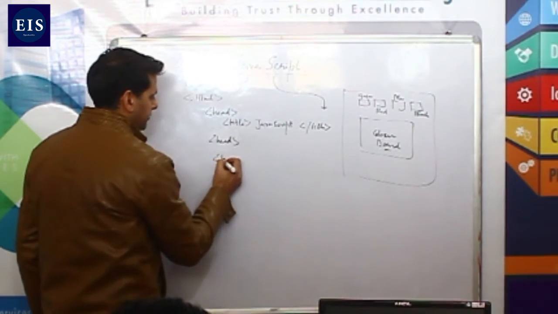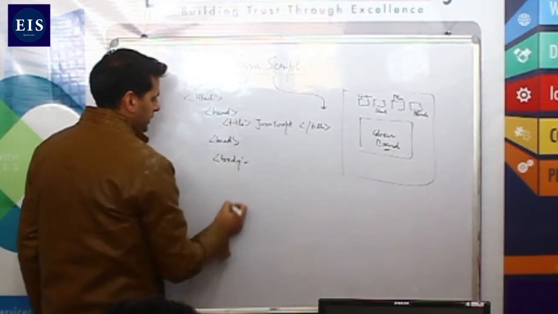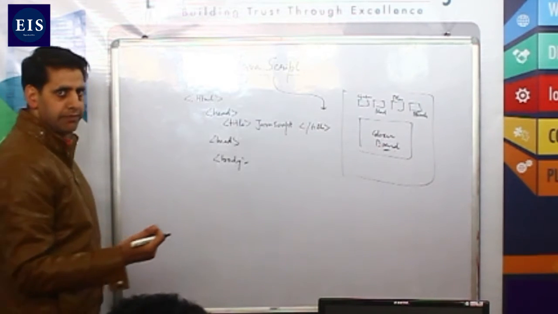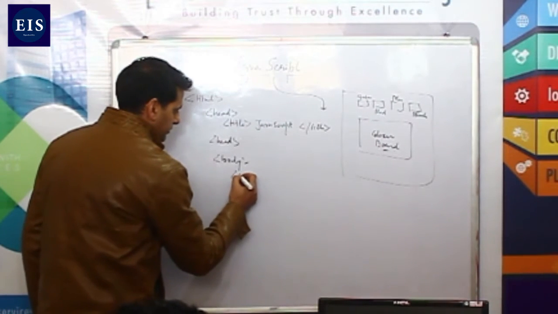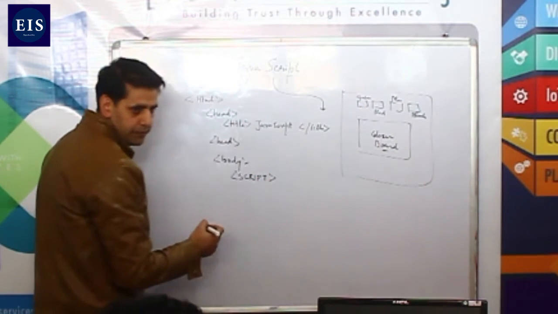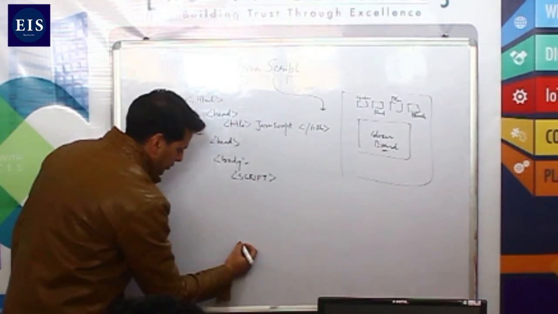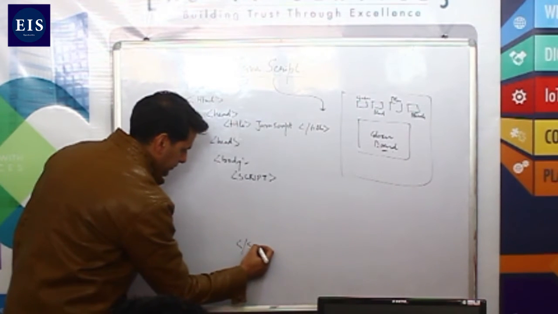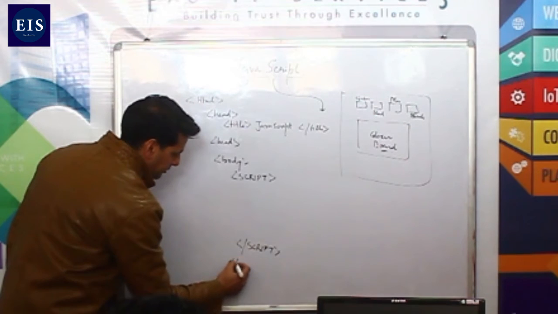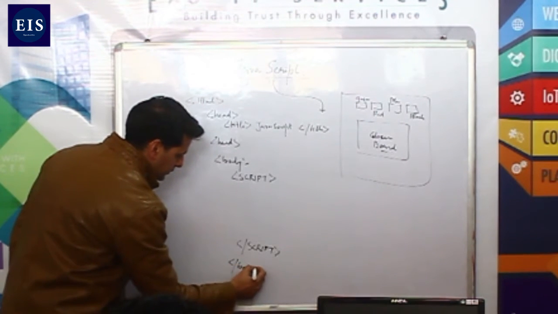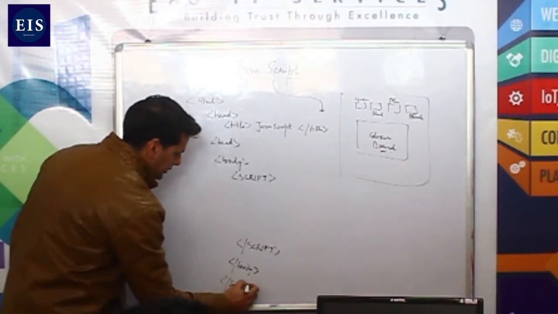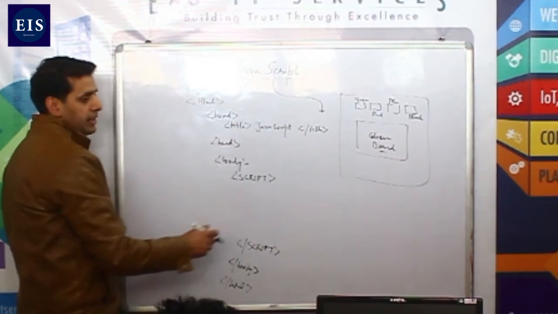Then you have a body, and let's say in the body you want to include some scripting. You have to use the script tag. Okay, and you close the script. Then you close the body, and you close the HTML. So it's an inline scripting.